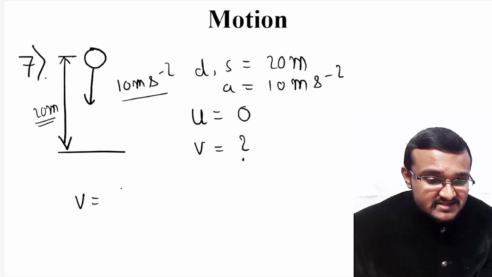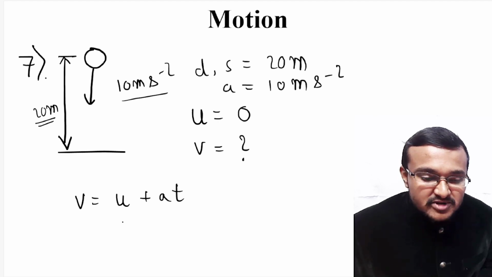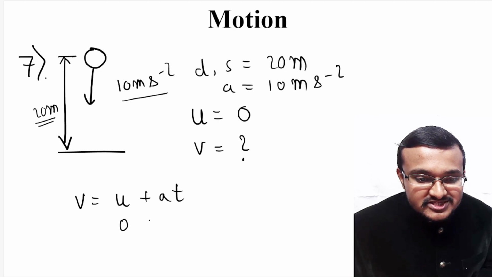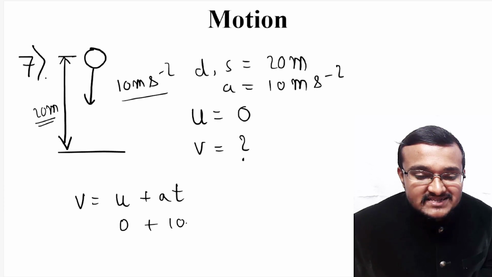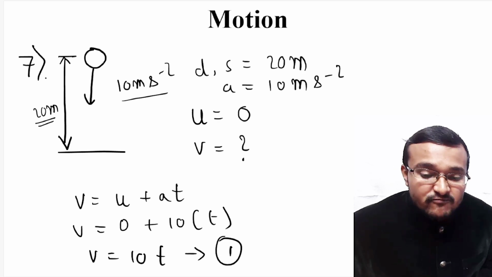If you consider the first equation, v is equal to u plus at. Based on this data, u is 0, plus acceleration is 10, and we don't know the time. You can call this equation 1.